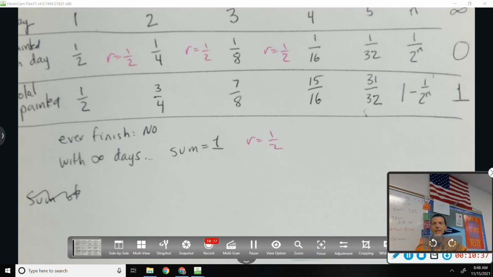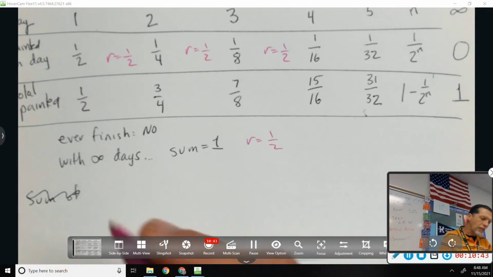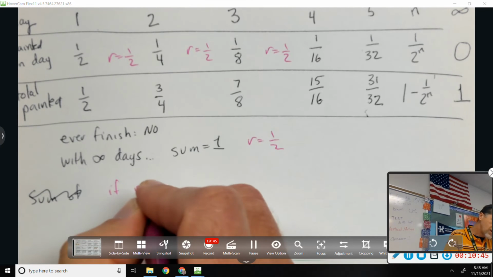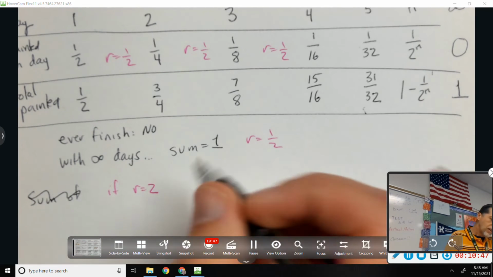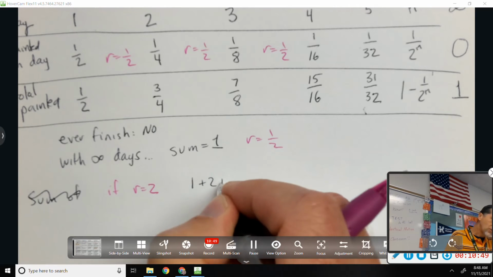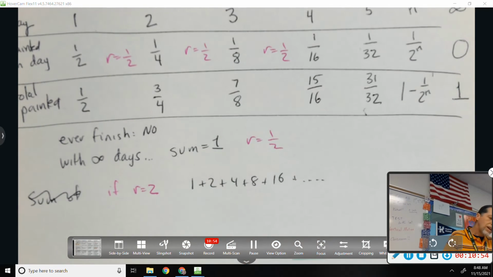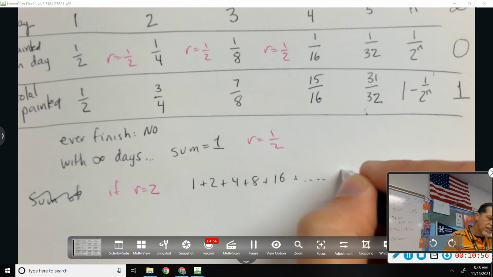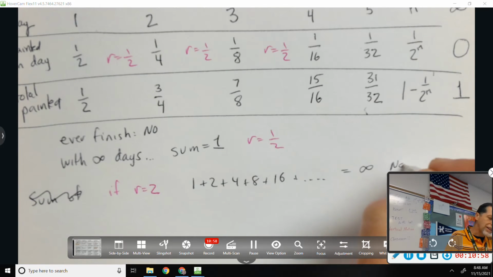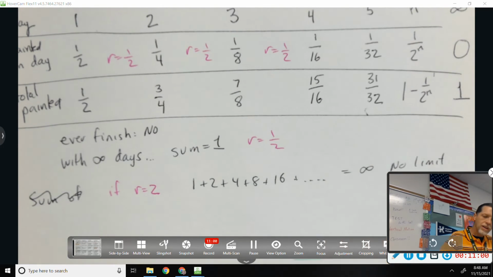You just keep walking. It wouldn't work. And that would be if r is 2. So you'd have 1 plus 2 plus 4 plus 8 plus 16. At that point you just ran out of daylight. And if you did that forever, there's no limit.